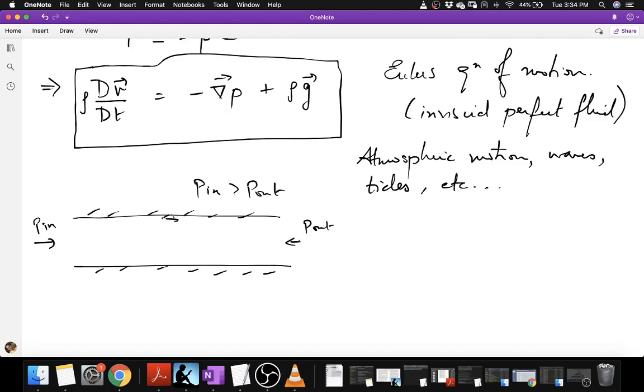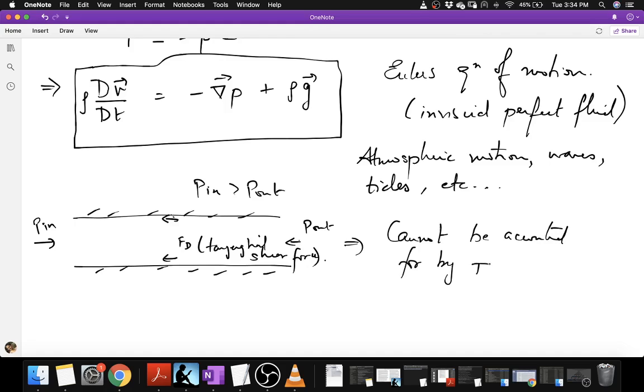He had no way to take into account the drag force, let's say F drag, which would act tangentially to fluid elements that flow past it. So this is a purely tangential, as we would say, shear force. The drag force is a tangential shear force that cannot be accounted for by the Euler equation, cannot be accounted for by a stress tensor being purely normal to a surface.